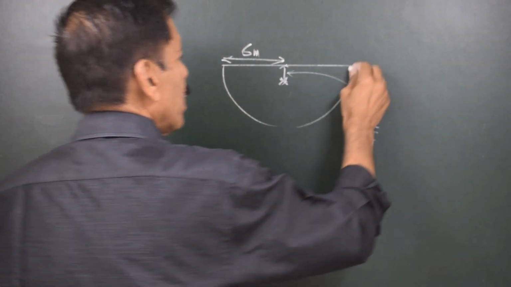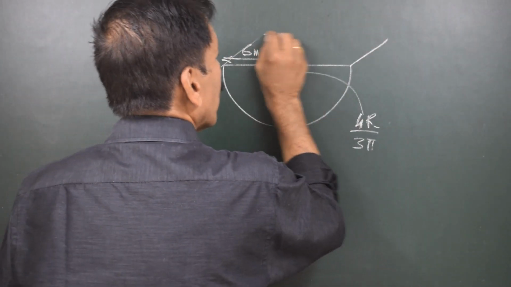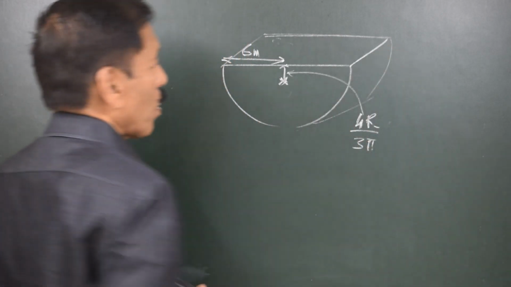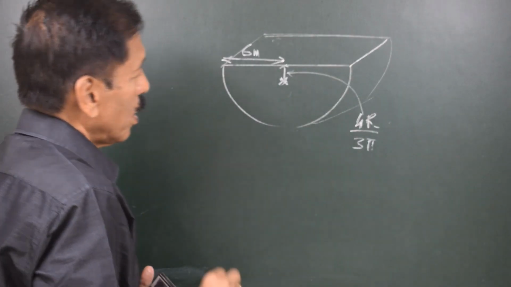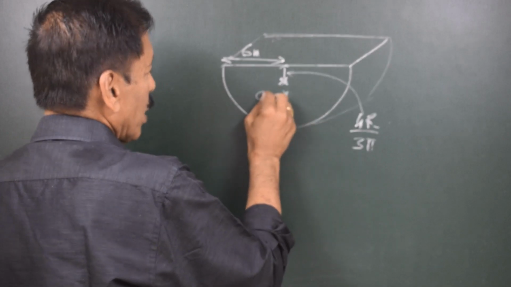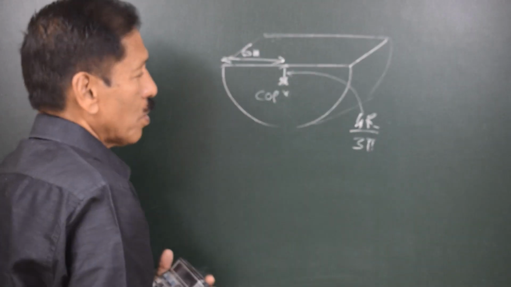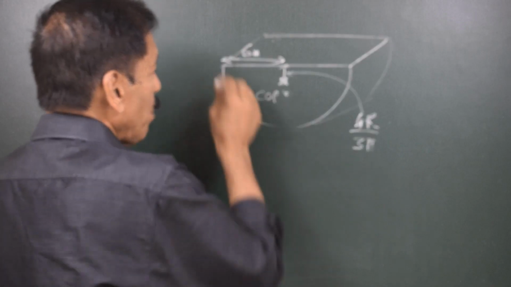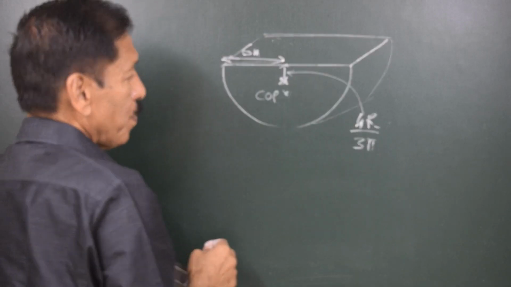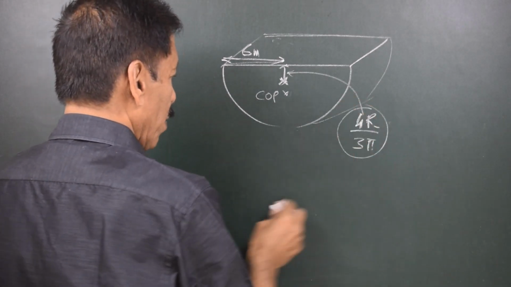So in case we have a semicircular shape whose radius is, say for example, 6 meters. Suppose there is a tank, and the side bulkhead is semicircular. We want to know where is the center of pressure, and as I know, center of pressure will be usually below the centroid. So this semicircular plane, the radius is 6 meters. How much is 4r by 3 pi?